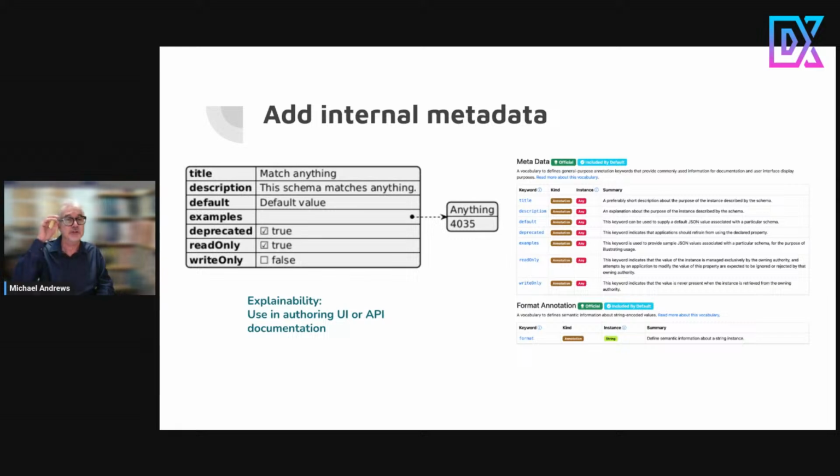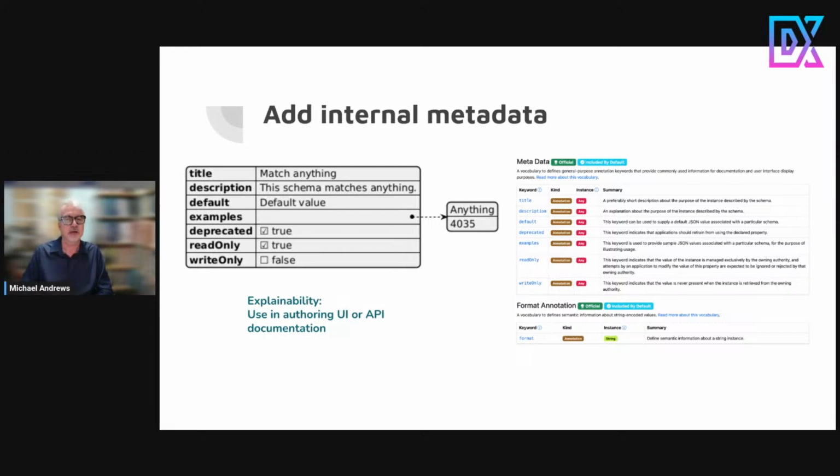And you can use the descriptions and the examples to put that into your content model and then surface it where it's needed. So for example, you can surface this into the authoring UI so that people can see examples of something if they're trying to create something. And you can also easily pull this into your API documentation.